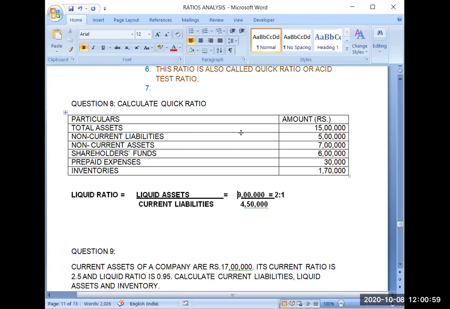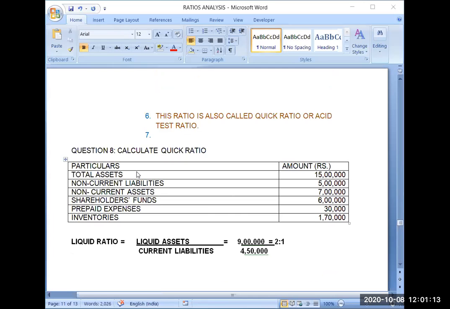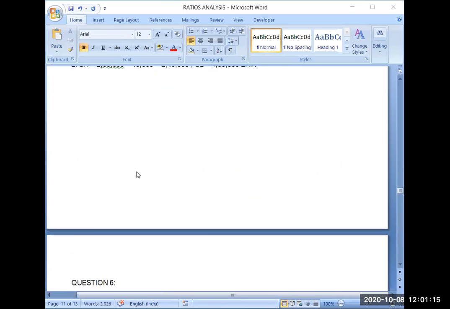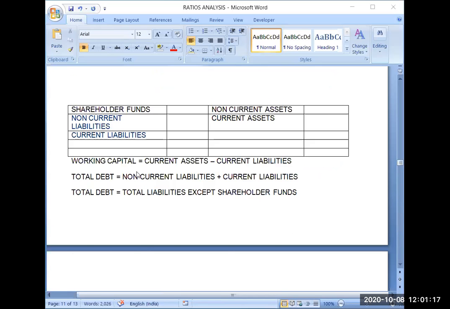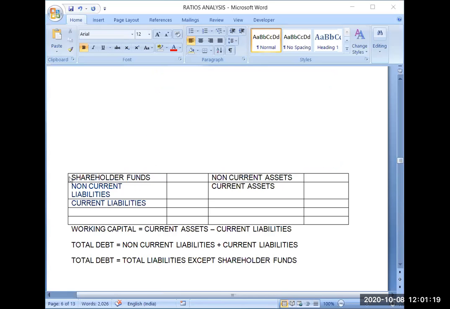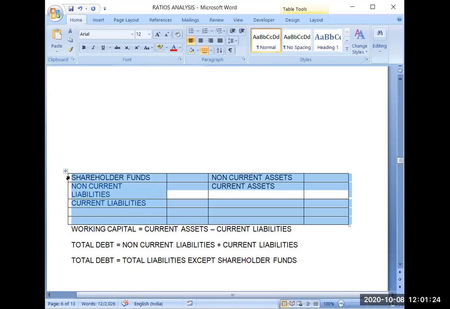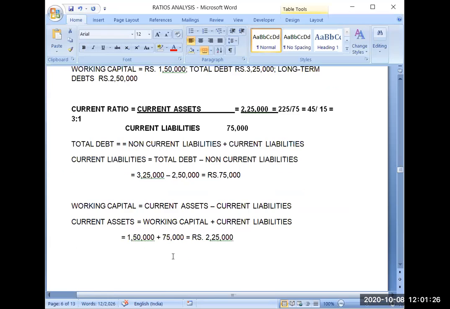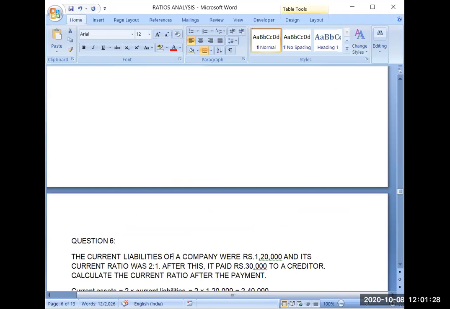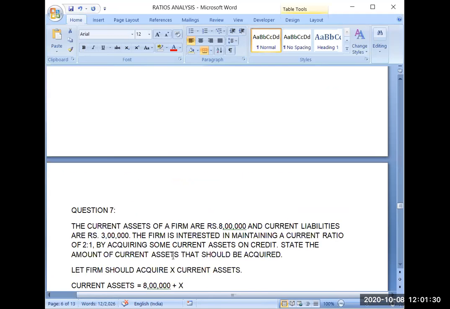So total assets have been given, non-current liabilities are given, non-current assets are given, shareholder fund is given, prepaid expenses, inventories are given. So first I would like to calculate the liquid assets. For that purpose, I have to take help of this balance sheet also, which I told you yesterday. That will help you to remember the formula also.